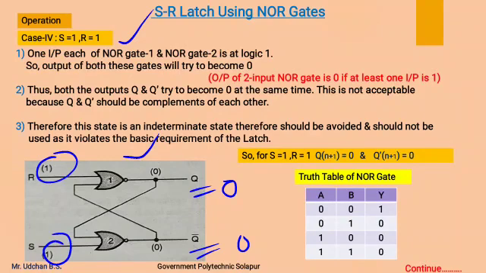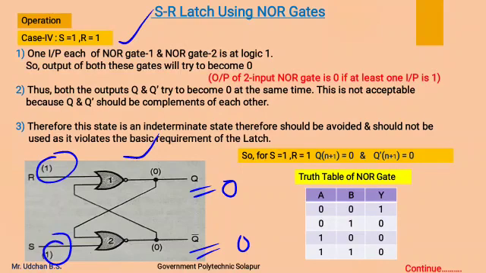This is not acceptable because Q and Q complement should be complements of each other, as we find here both the outputs as a 0, which is not acceptable. So we should avoid this condition and it should not be used as it violates the basic requirements of latch.